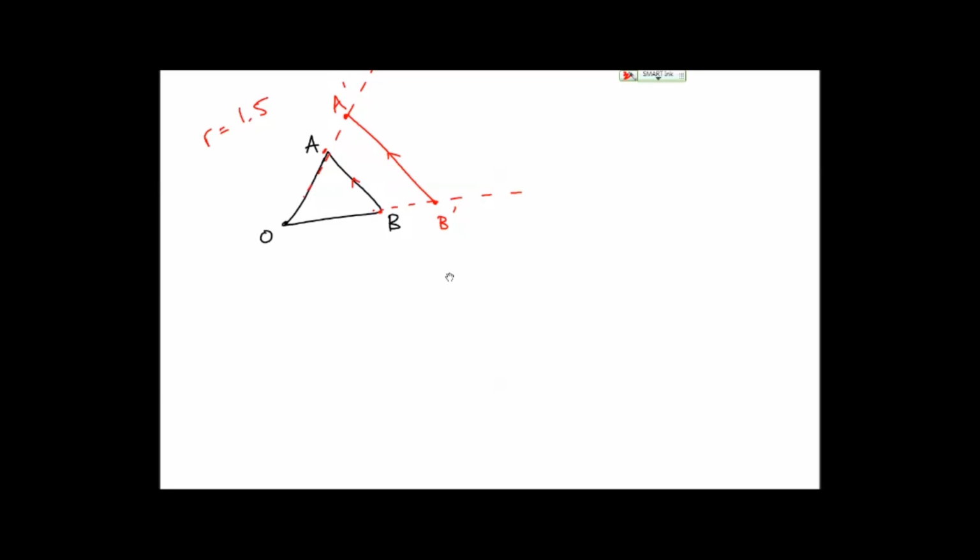Think about the black triangle and this big red triangle. In Module 1, we talked a lot about parallel lines and the properties we get from them, including corresponding angles. Angle OAB and angle OA'B' are congruent because they're corresponding angles. Similarly, this angle and this angle are also corresponding angles, and they're congruent.